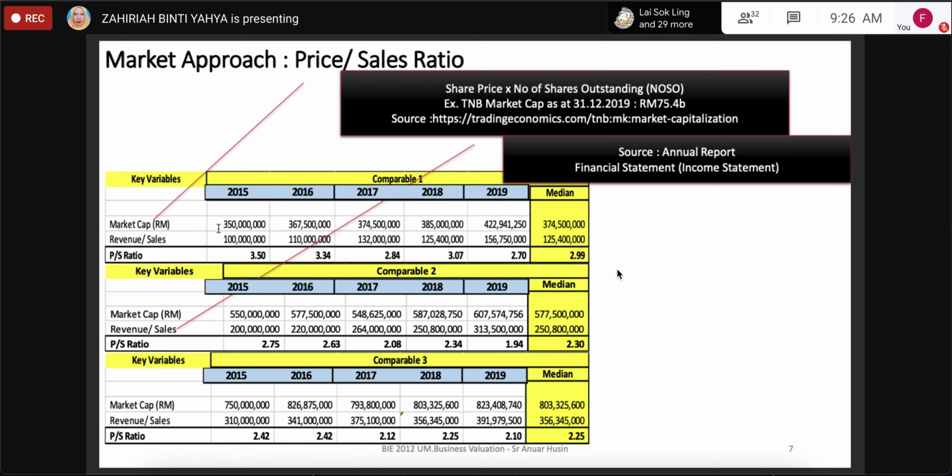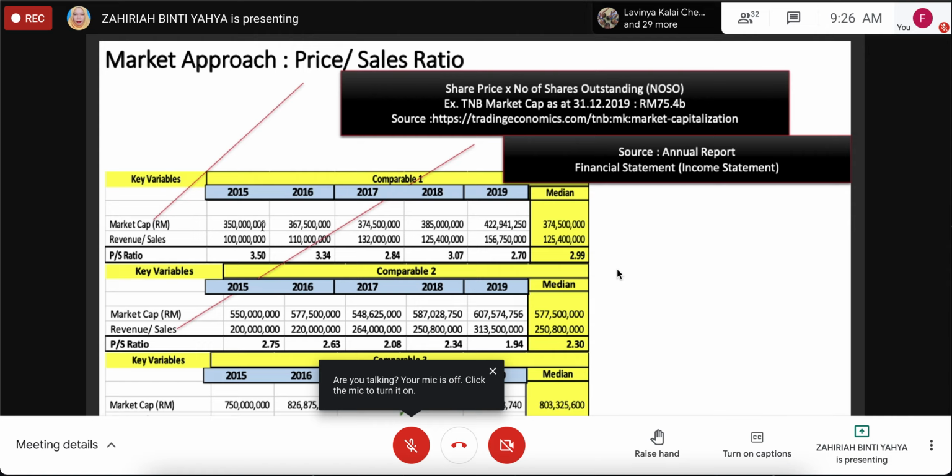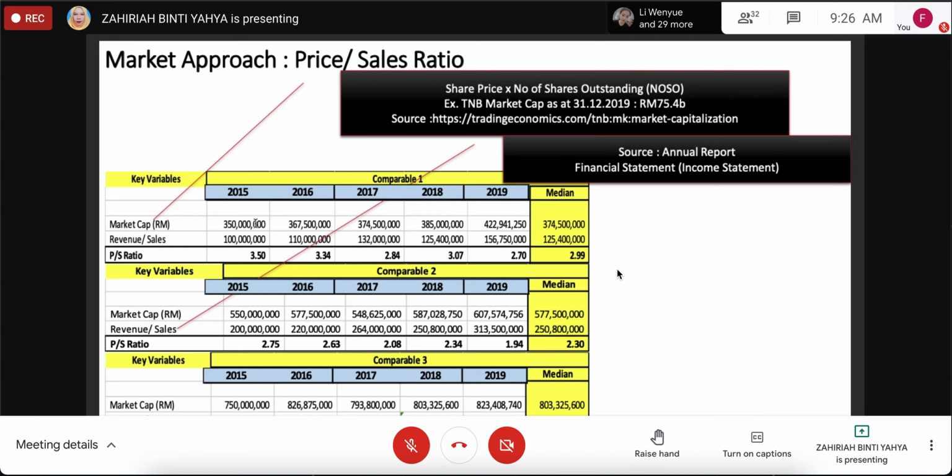Okay, first you have to arrange this figure. Here you take the lowest. What is the lowest? 350, right? Oh, like this he has already arranged. This is the lowest. Here 367, then 374, 385, 422.